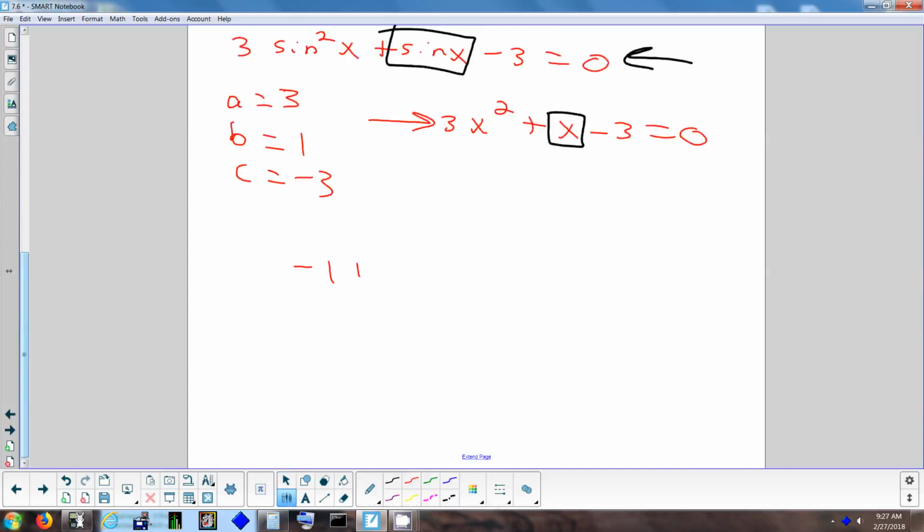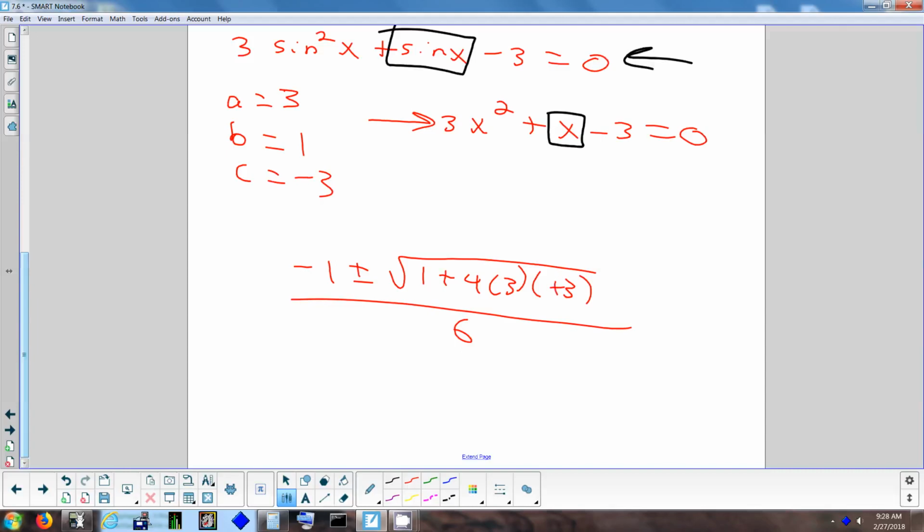So we get negative b plus or minus the square root of b squared minus 4ac all over 2a. Just double check my signs as I go in case I make a mistake. I think we're good. Okay, minus, I'm going to change that right now.